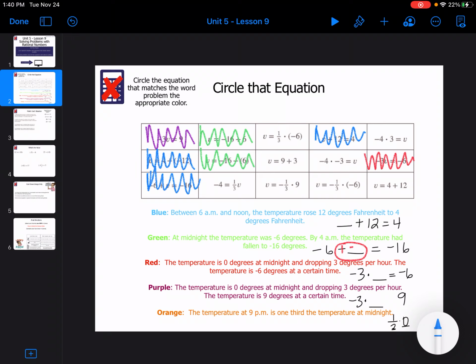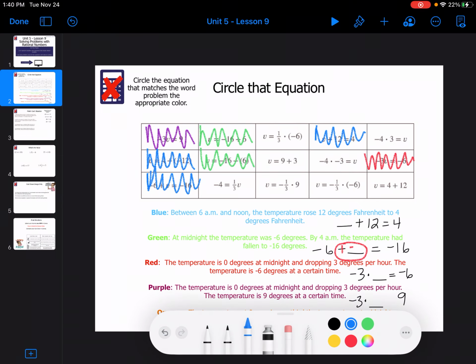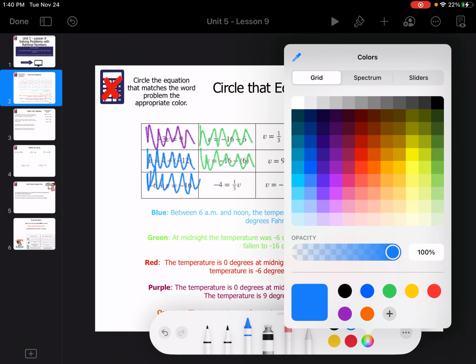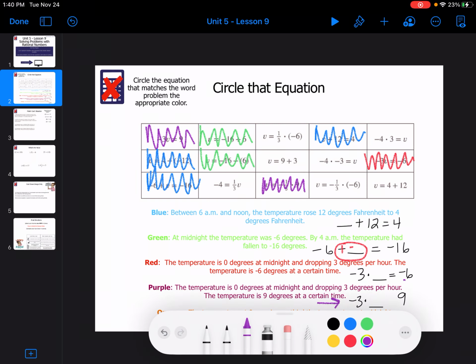Okay, well, I know that if I divide the purple by my variable, I'm going to get 1/3. So that one's got to be purple, because dividing by 1/3 would be the same as multiplying by 3 whole, because that would be undoing my equation. Now 1/3, -1/3, times negative. Okay, so that would be the same thing here on the red.